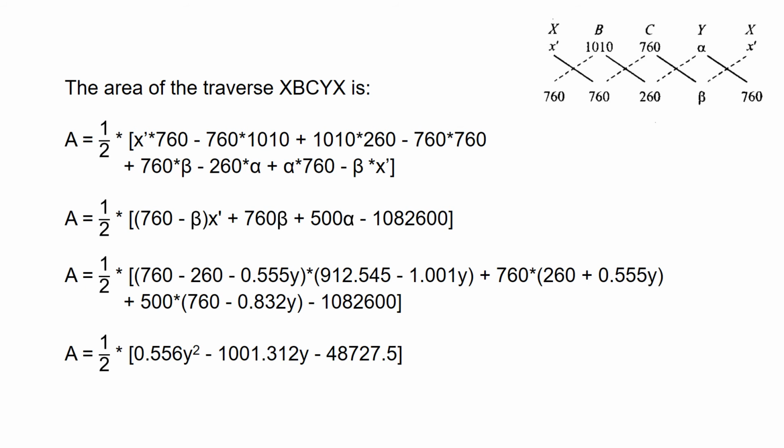Here I have written the coordinates over here for simplicity and ease. The area of traverse XBCYX can be written in the manner that was discussed in earlier slides. After calculating this, we need to just plug in the values of beta, alpha and x dash, and after doing that, we'll get a quadratic equation in y.